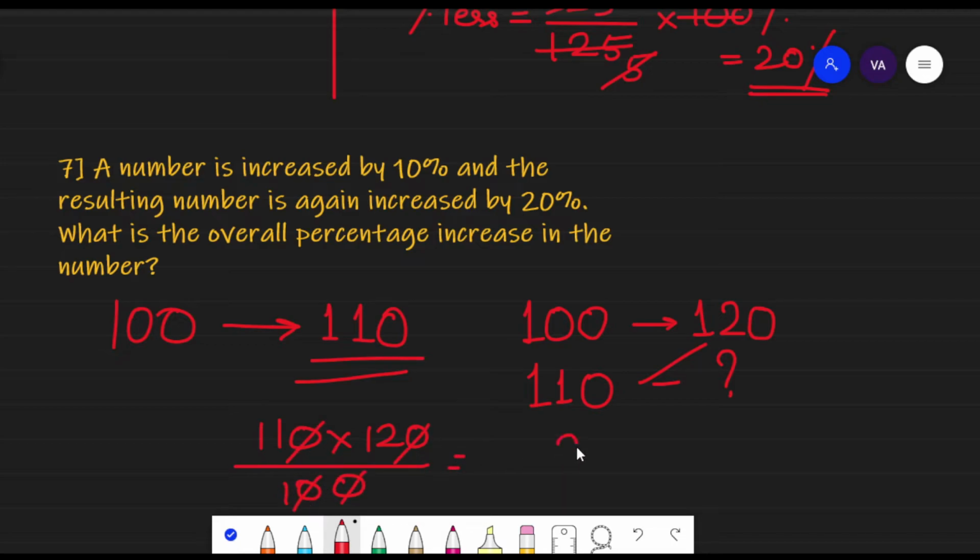So we have 12 ones are 12, 12 ... 132. So our resulting number, that is 110, has now increased to 132 because it underwent another increase of 20%.